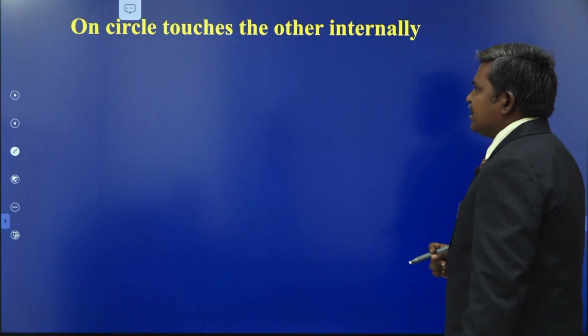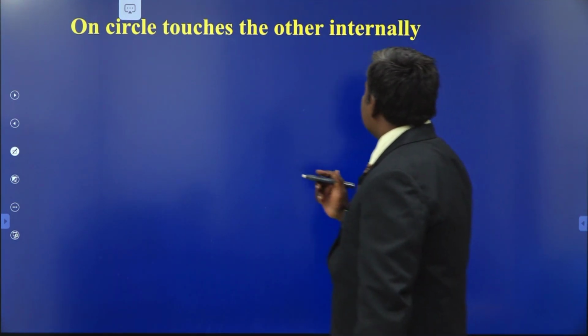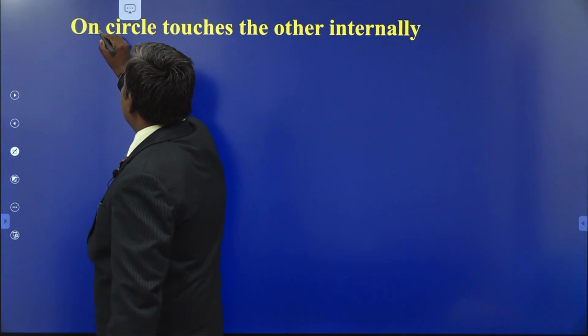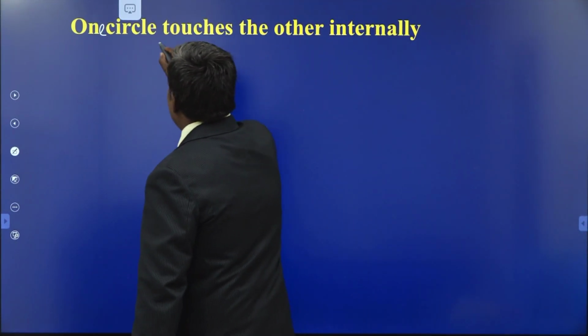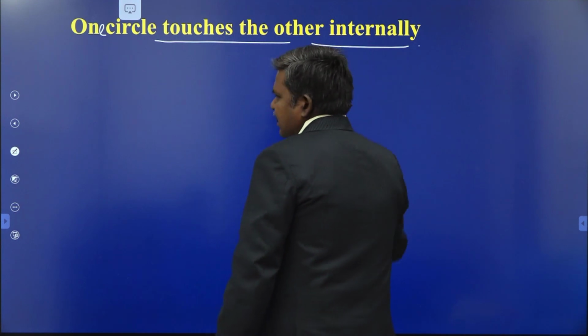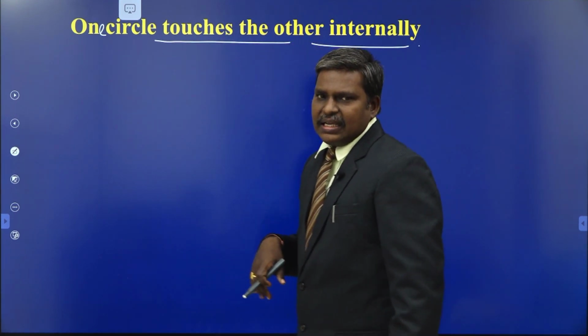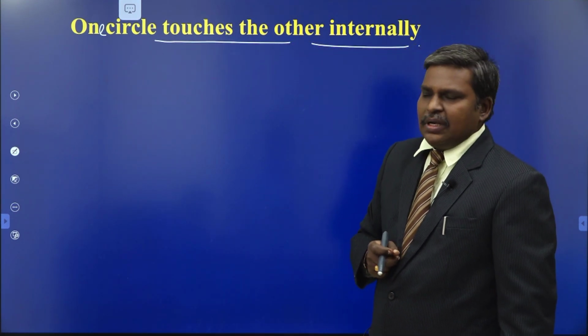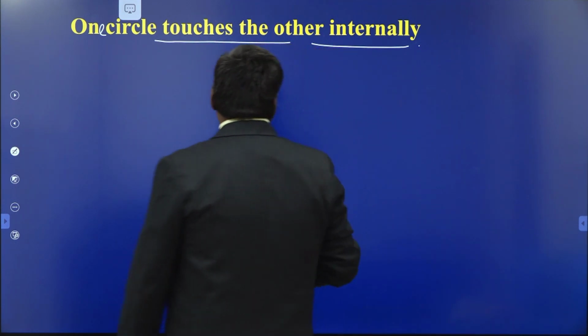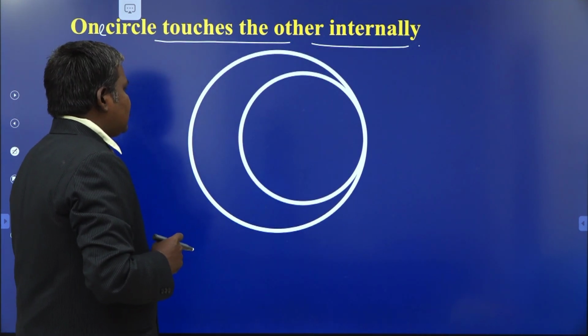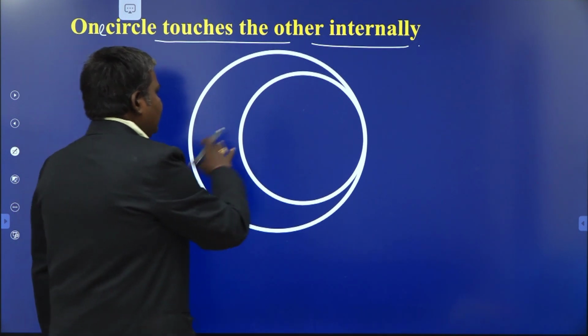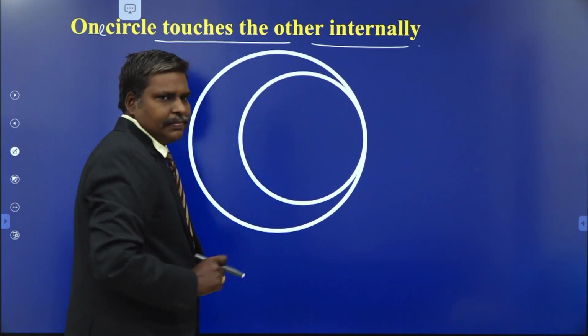This is the next case. One circle touches the other internally. There are two circles. One circle touches the other circle internally. Let us see this case. This is the first circle as shown in this figure. This is the other circle that touches the first circle internally.